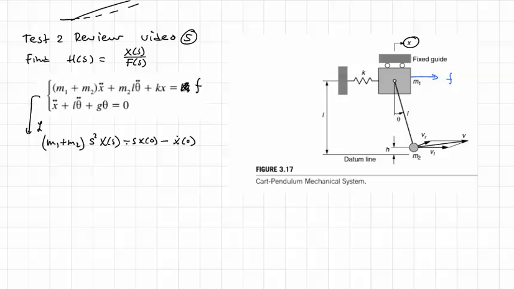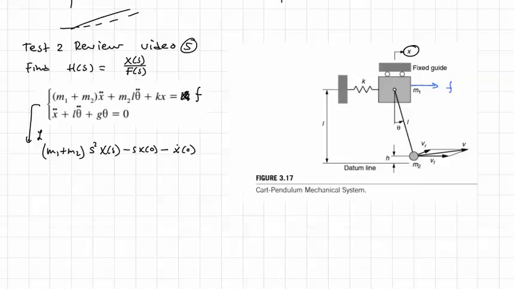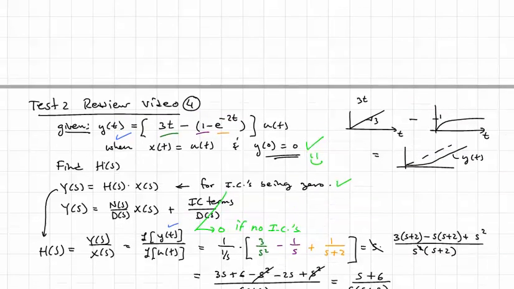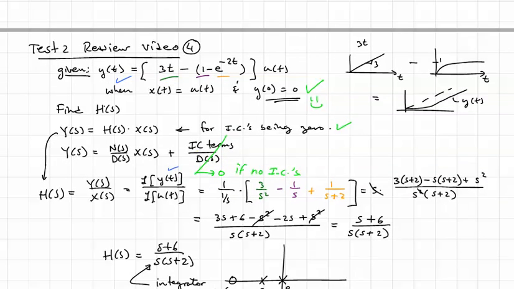when we write the transfer function, if you recall, let me go back to what I had shown previously right here. In general, the response Y is going to be the transfer function times the input X plus some initial condition terms divided by the denominator. What this problem is asking for is this N over D. It's asking for the transfer function.